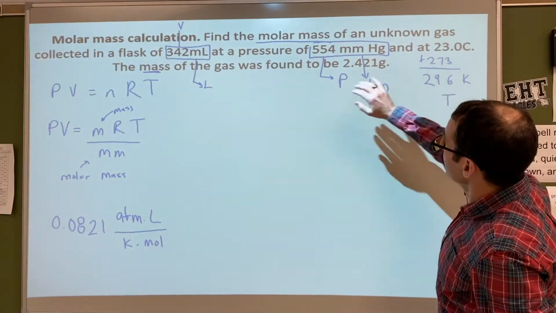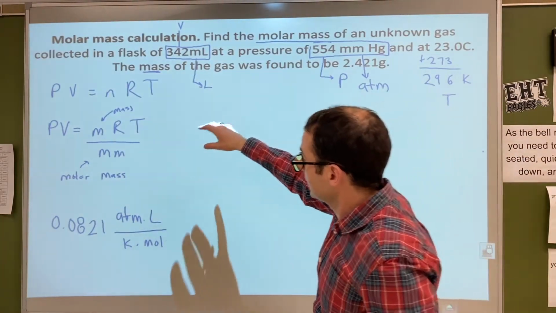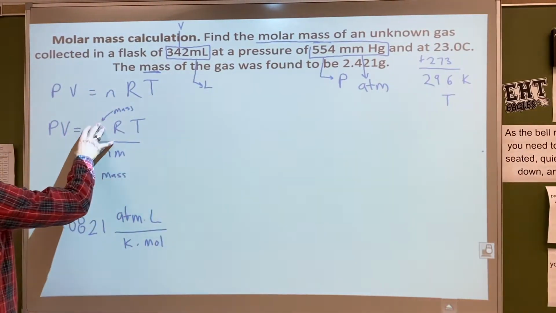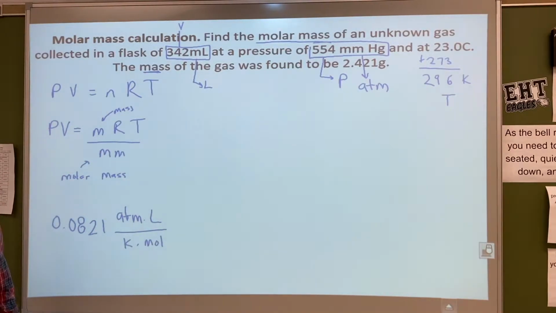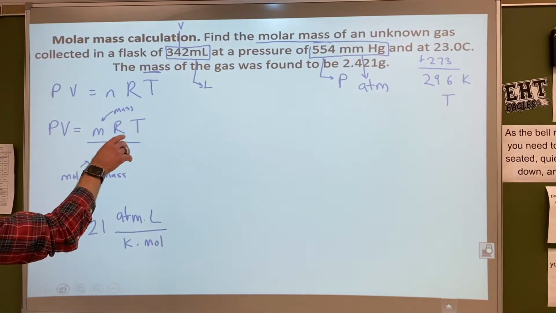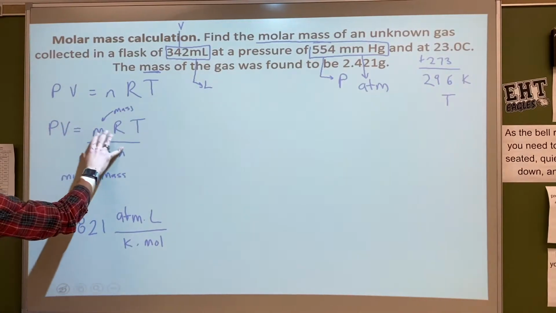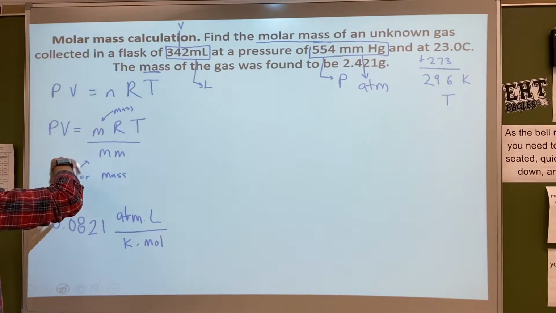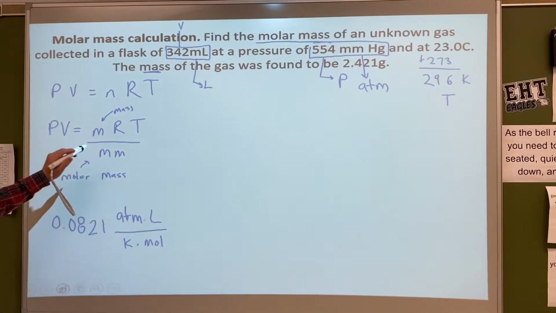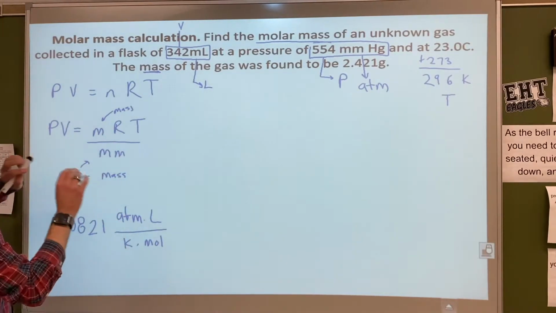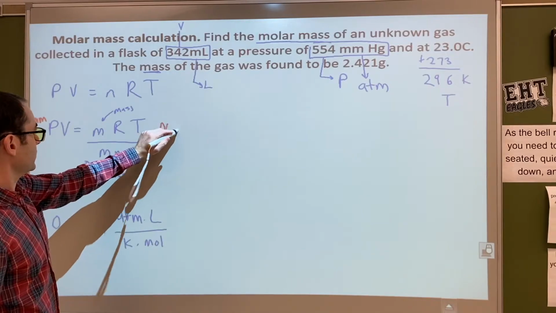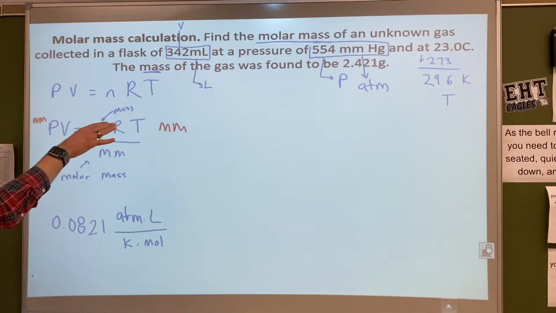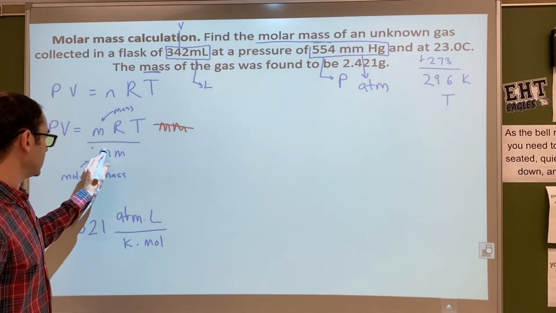So we have temperature, pressure, and volume, everything that we need to solve it. The only thing we're looking for is the molar mass. Since we're looking for molar mass, I'm going to rearrange this equation and then plug the numbers in. We want to get molar mass on the top by itself. Multiplying MM on both sides cancels those out.